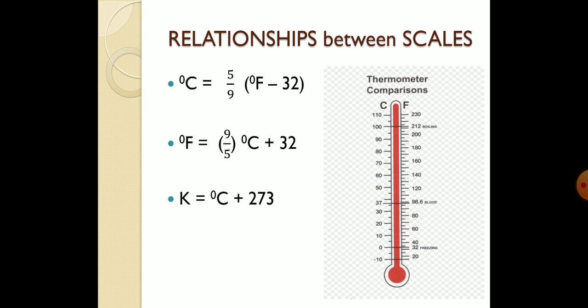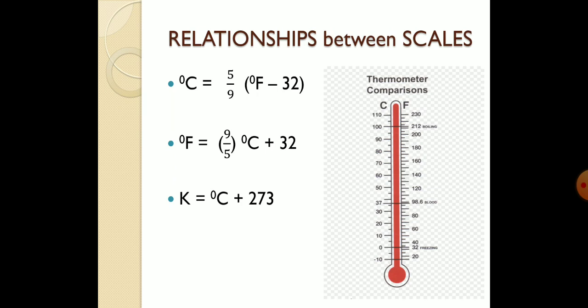Now, if degree Celsius is given, you can find the Fahrenheit value using the second formula, 9 by 5 into degree Celsius plus 32. So, the bracket is very, very important. According to the bracket, you have to work it out. And then Kelvin. Kelvin is nothing but you are going to add 273 with the given degree Celsius.